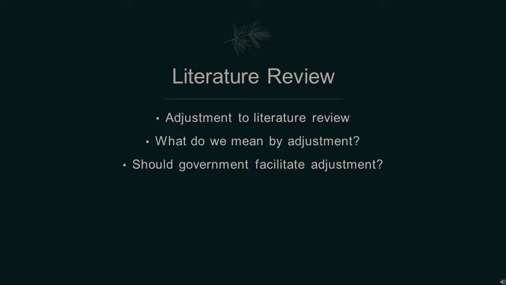And then, should government facilitate adjustment? So governments are deeply concerned with facilitating adjustment regardless of what is causing it. The mere existence of unemployment insurance is a striking example of this.